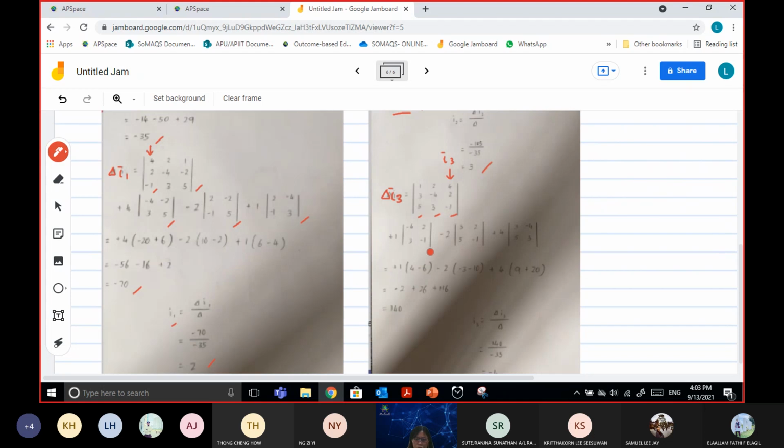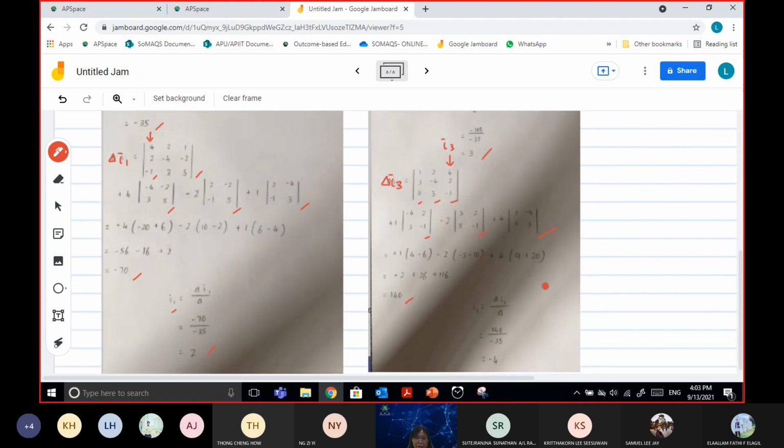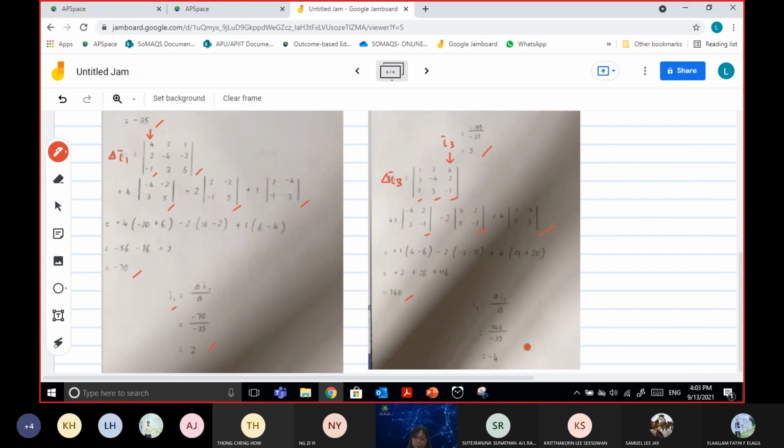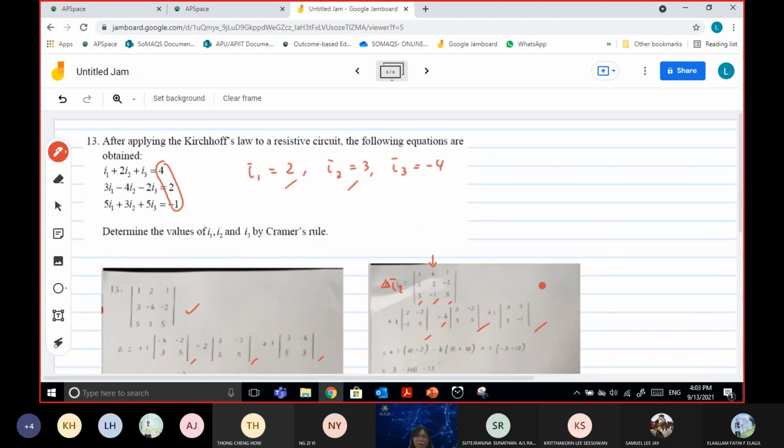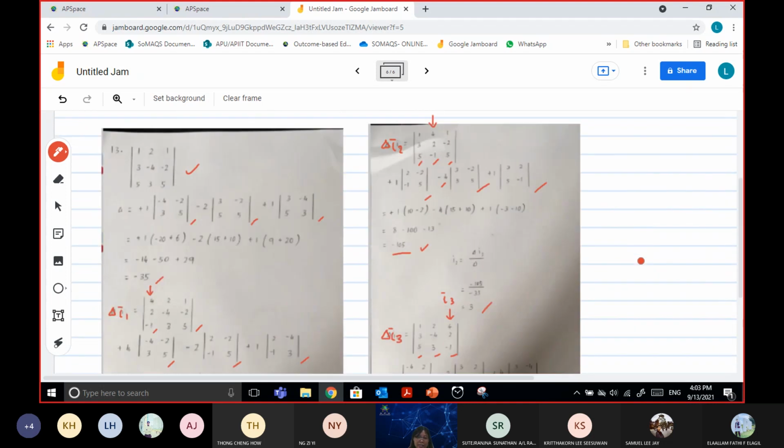Negative 4, 3, 2, minus 1, negative 2, 3, 5, 2, negative 1, correct. Positive 4, 3, 5, negative 4, 3, correct also. So 140. Is that correct? Yes, miss. Divided by negative 35, we get negative 4. That's how we solve it. The workings from Jing Yan are correct.